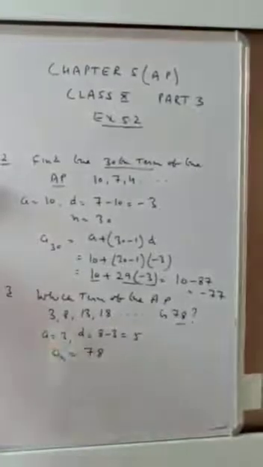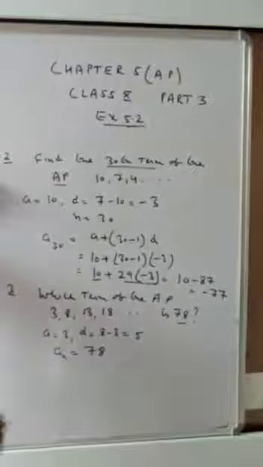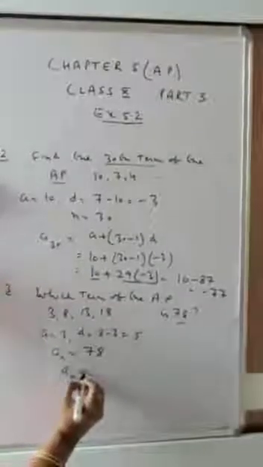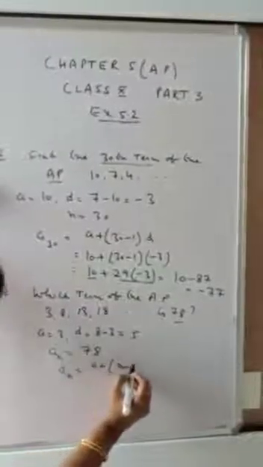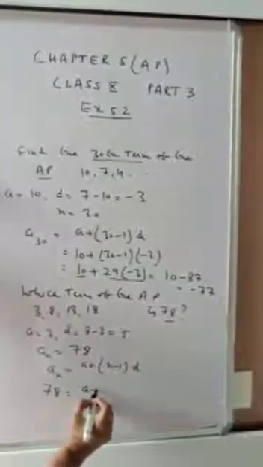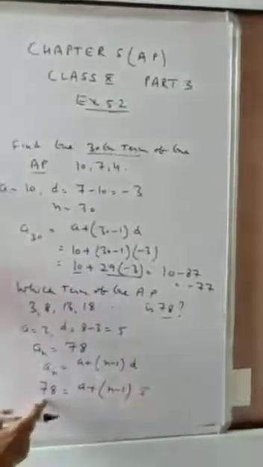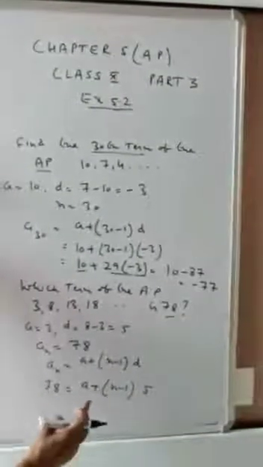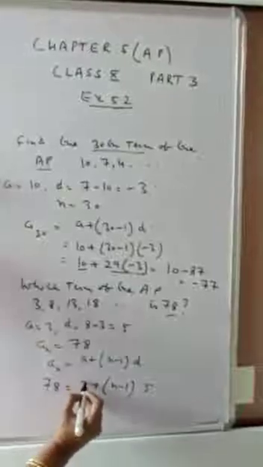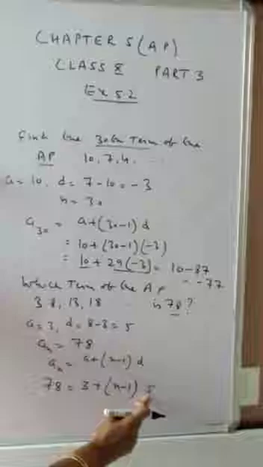I want to find which term of the AP is 78. So again applying the formula an equals a plus n minus 1 into d, putting the values, we need to find out an is 78, a is 3, n is unknown and d is 5.